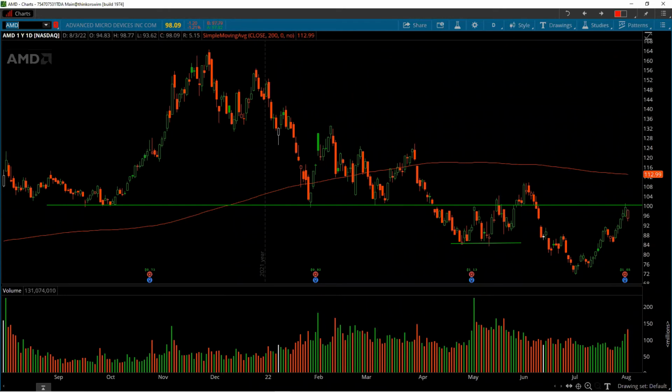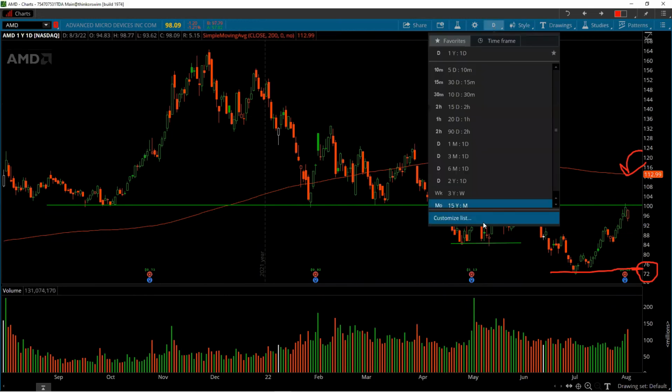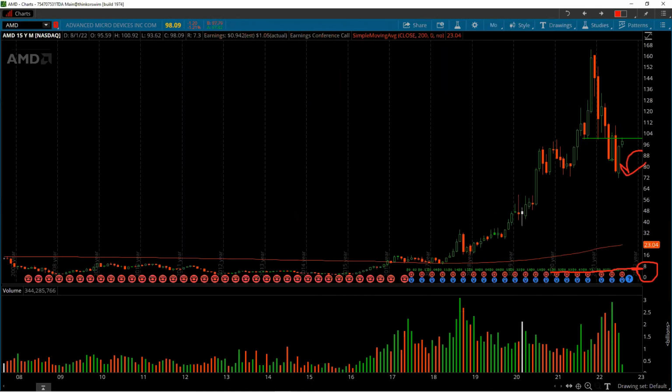But pay very close attention because we are still below the 200-day moving average line, okay? And anytime a stock is underneath the 200-day moving average line, this could be support, and we could probably revisit $72 a share. But if you're a long-term bull, that might just give you more opportunity to buy stock at a cheaper price.